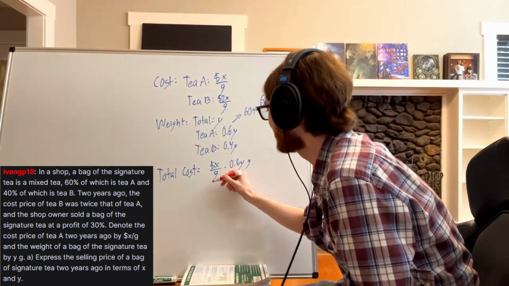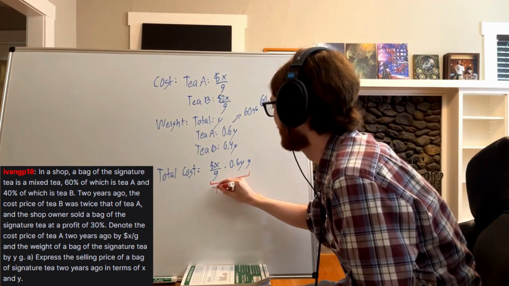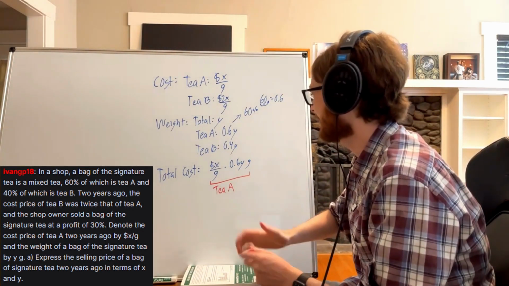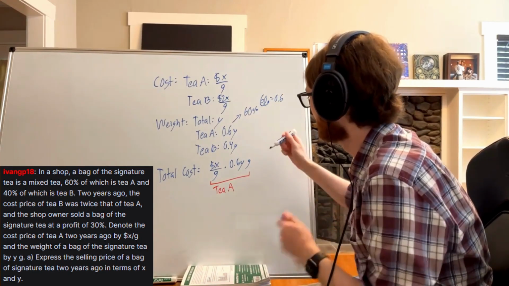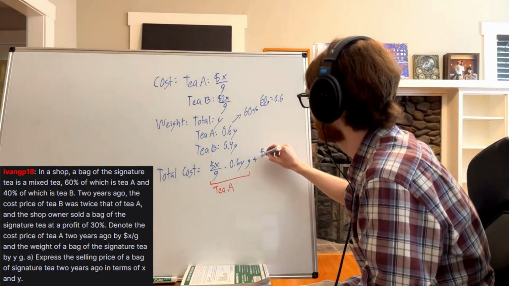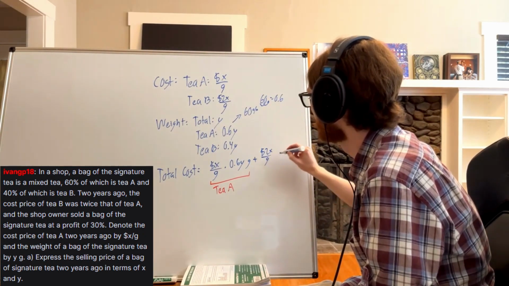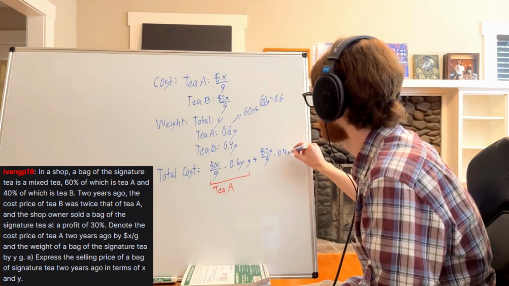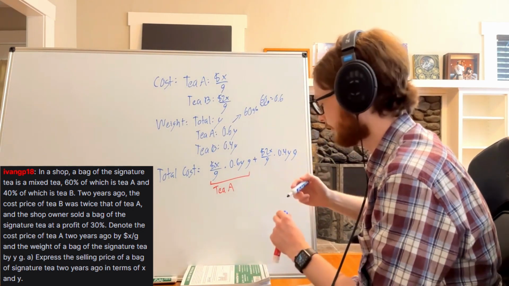This is combining the information that we have for TA. Now let's look at TB. So we're going to add the same thing here, but 2X per gram times the weight of 0.4Y in grams.